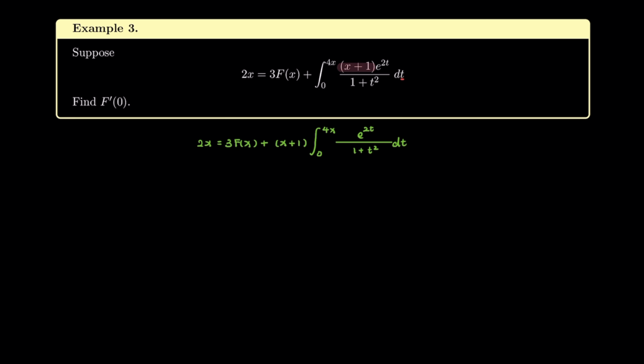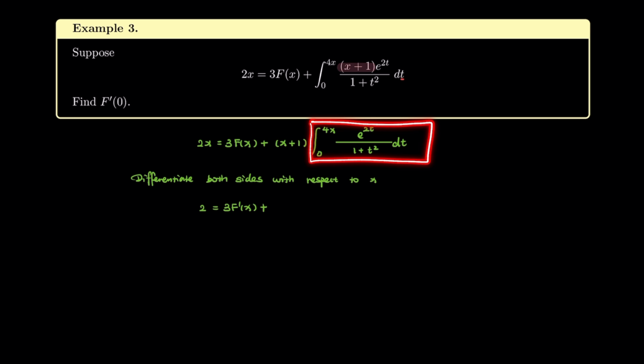Now I'm going to differentiate both sides with respect to x. That's going to be 2 equals 3F'(x) plus, and now we need to be careful, because (x + 1) is a function of x, and this integral itself is also technically a function of x.